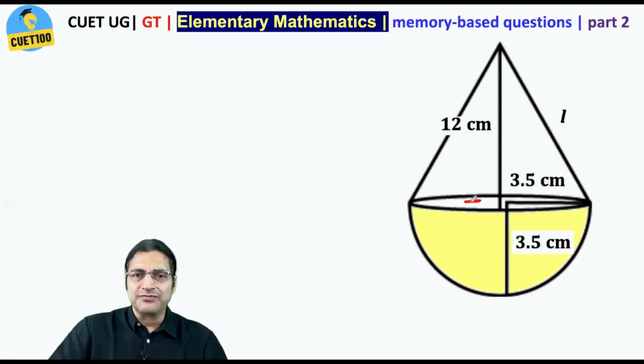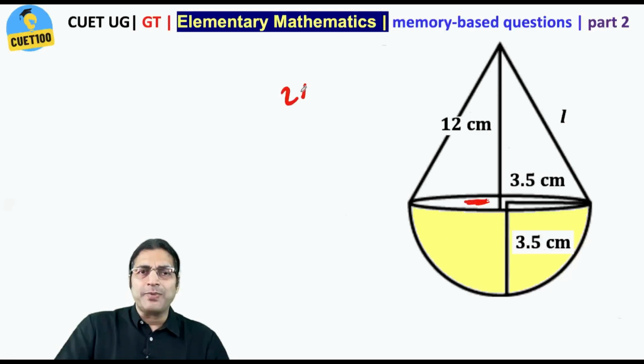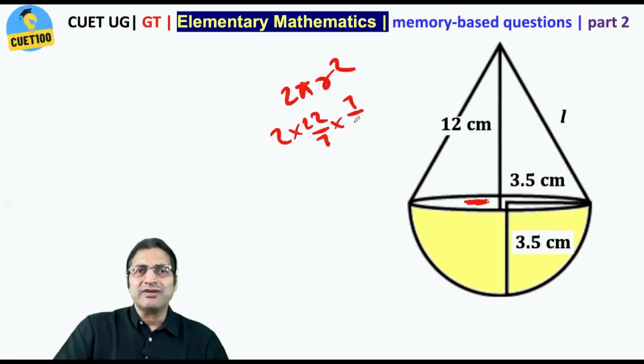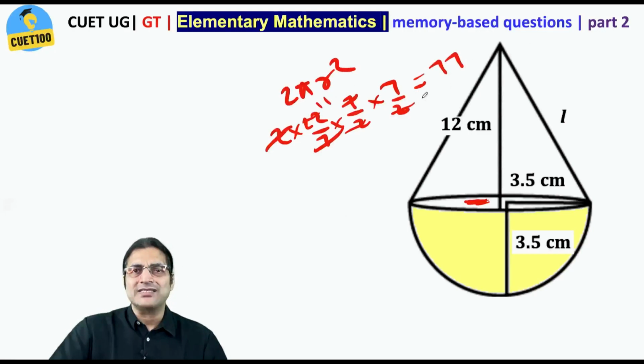Okay, we don't have to, of course, go for this flat surface, right? So, it would be 2 pi r square, alright. So, 2 into 22 by 7 into 7/2 into 7/2, alright, 7 to 2 to 11. So, this is 77 square centimeter, that of the hemisphere.